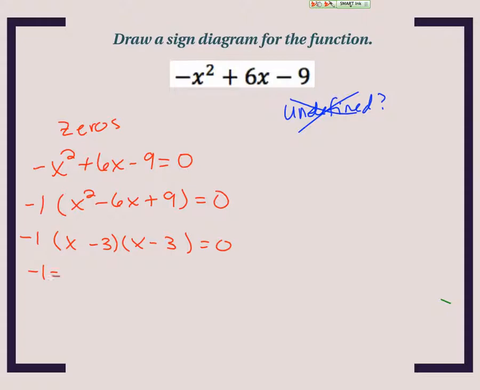Now if I split these all up, I notice something. This negative 1 equals 0 is not going to give me any solutions, right? Now if these are both the same, I don't really need to do them both. I only end up with x equals 3 as my only 0. So that means there's only going to be one thing on my number line, 3.